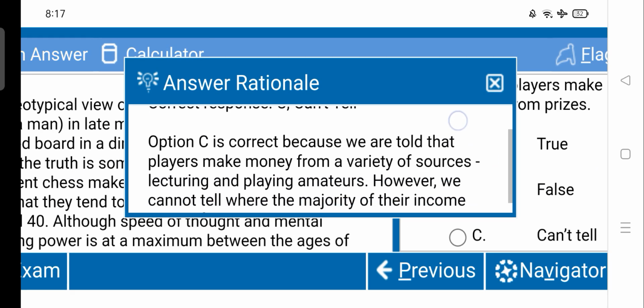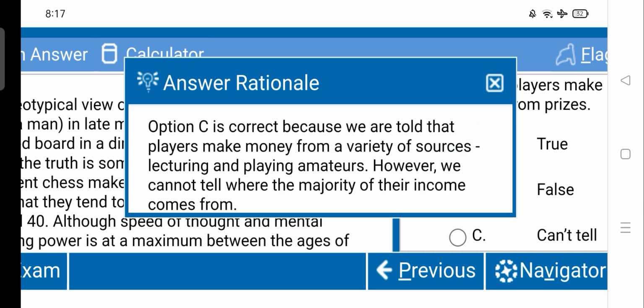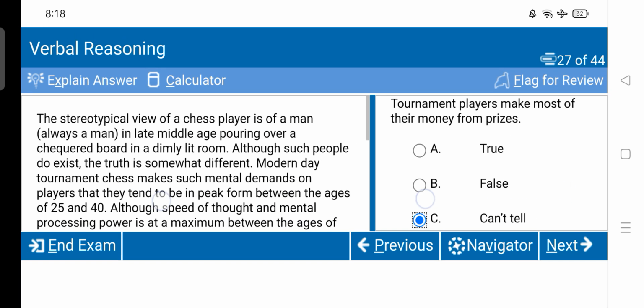So the correct response is C, because we are told that players make money from a variety of sources, lecturing and playing amateurs. However, we cannot tell where the majority of the income comes from. So we have option C, which is can't tell, as the correct option.